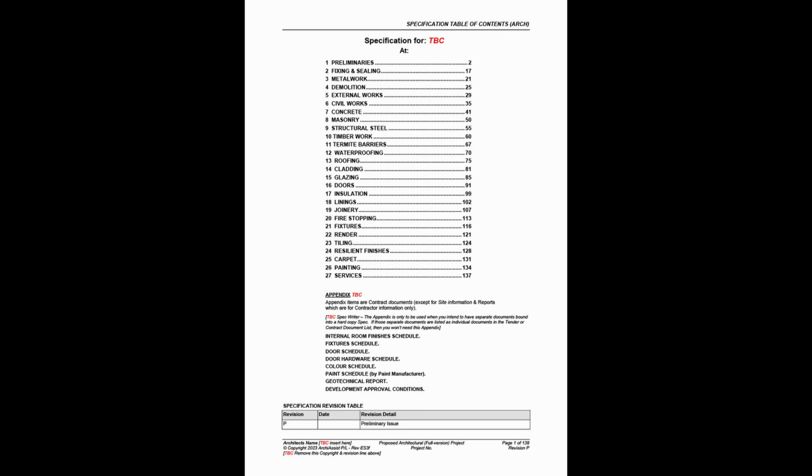A range of other defaults exist in the specification. With all defaults, the builder, upon discovery of the fault, is to immediately notify the superintendent, and is to allow the default specified.